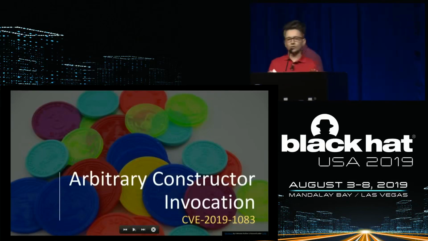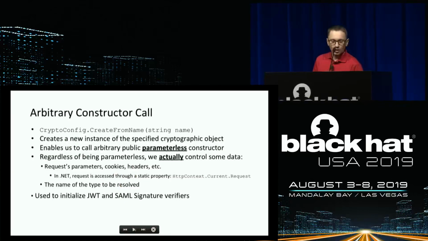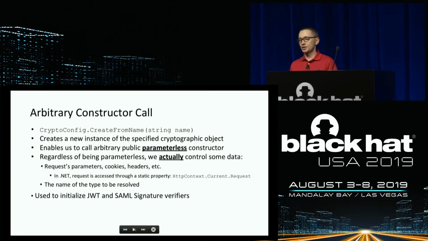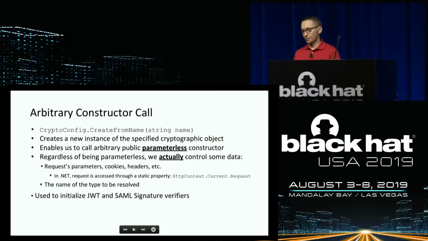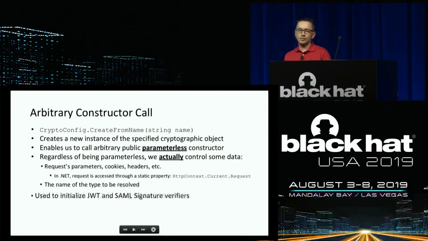This case can be a good illustration of token parsing vulnerabilities. For signature verification, the server needs a crypto object that represents crypto algorithms, and usually the CryptoConfig CreateFromName method is used for their creation. But we noticed that it does not restrict type names, so we are able to call any no-argument public constructor.